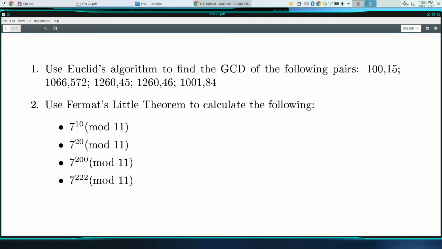So what about 7 to the 20th? Yeah, because that's 7 to the 10 squared, which is congruent to 1 squared.